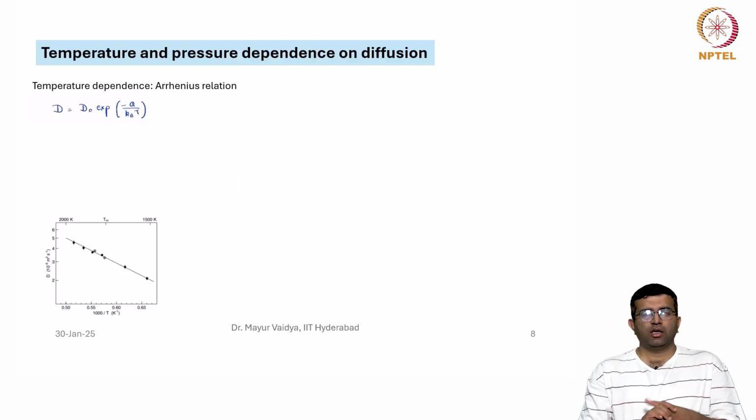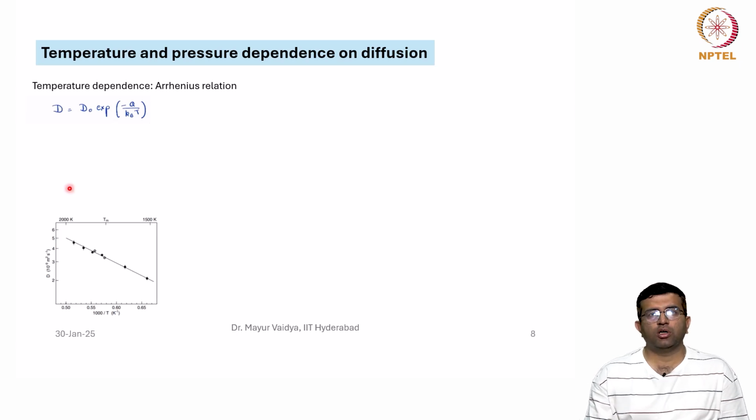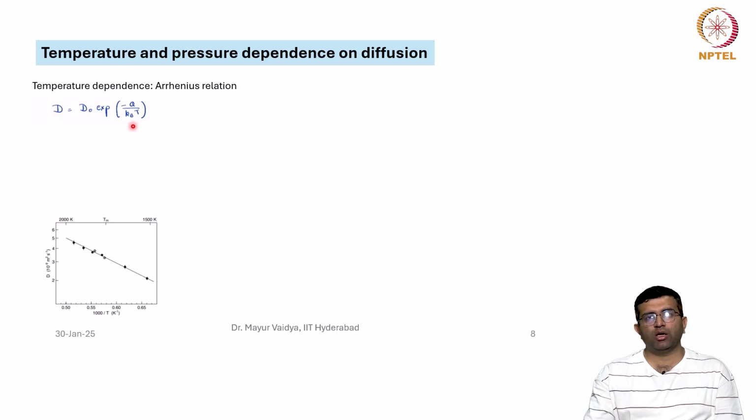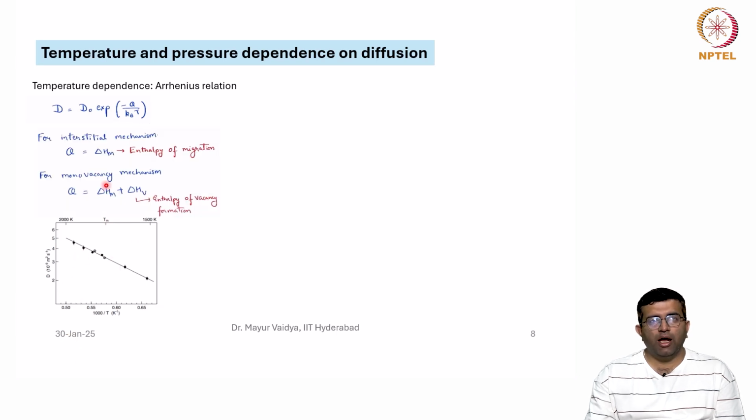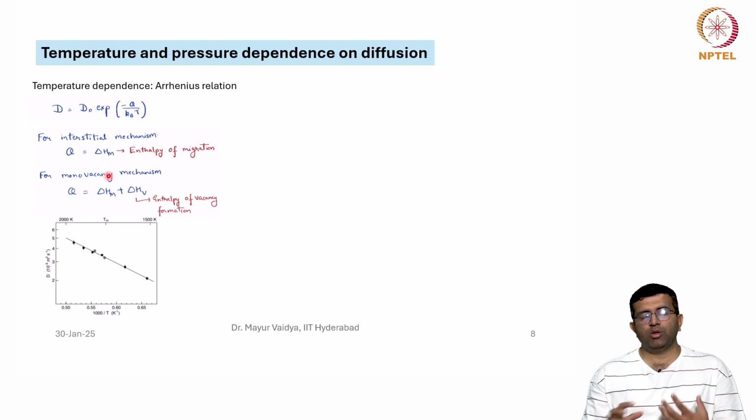Then we started understanding the temperature and pressure dependence of diffusion, where it is described by an Arrhenius type of relation: D is equal to D naught exponential minus Q by kBT, or minus Q by RT, depending on the unit of Q you use. This is how a typical Arrhenius plot would look. We saw that Q depends on the mechanism.